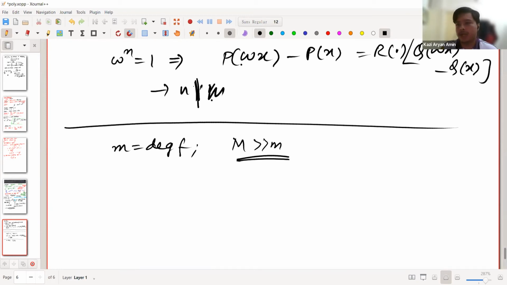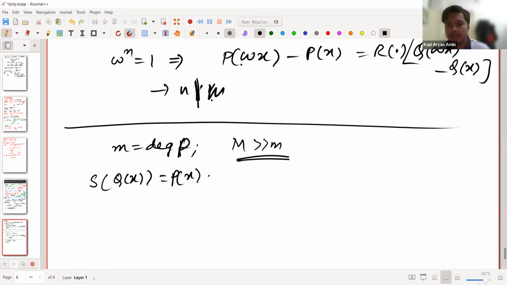We interpolate a polynomial at m+1 values. We want the polynomial to satisfy s of q of x equals, well, not f, it's p of x in the long run.